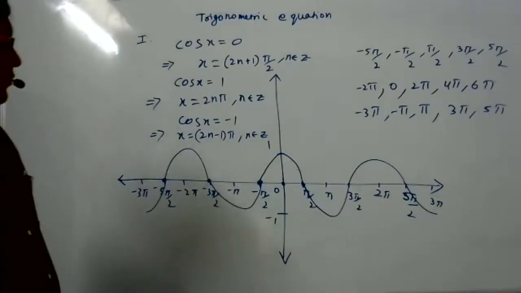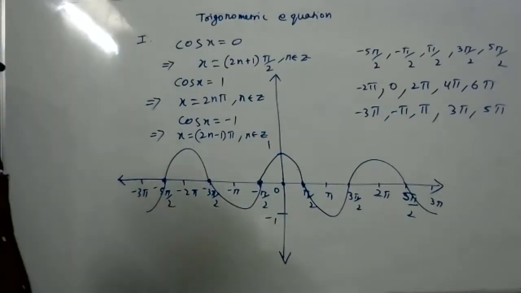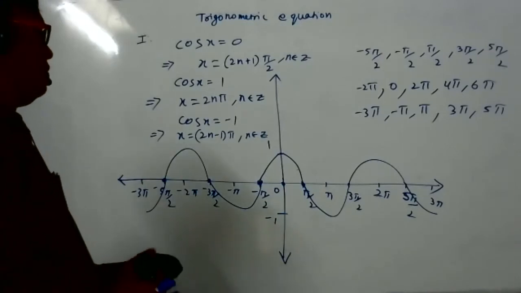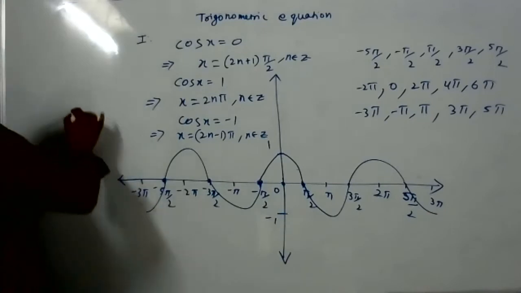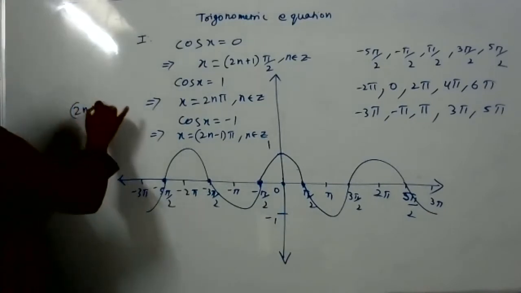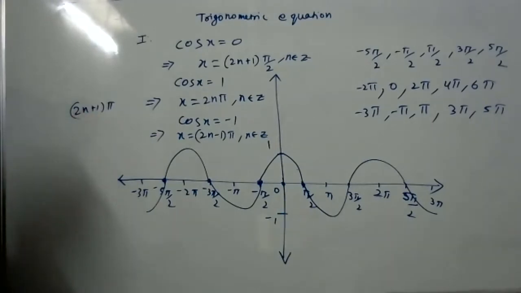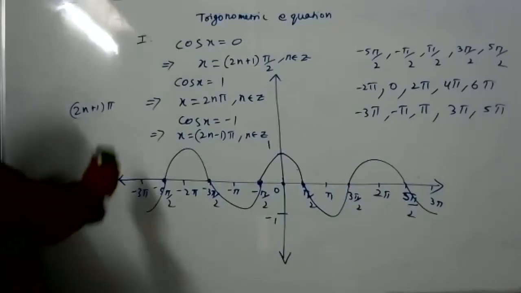With 2n plus 1, how can we get minus pi? Sir, put n equals minus 1, and we will get minus 1. Yeah, both are correct.